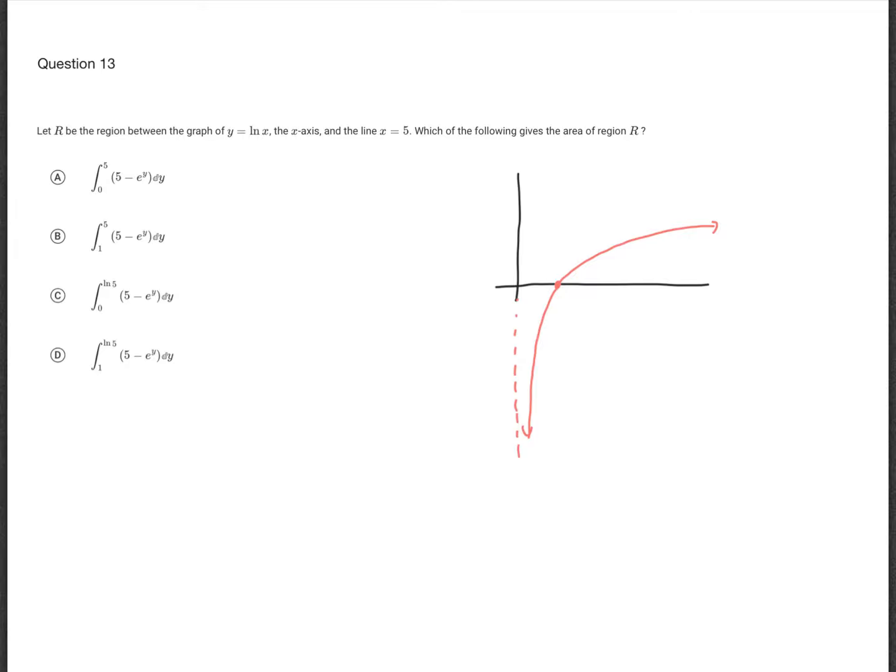And then we'll graph the line x equals 5. Let's say that's 5 there. Okay, so they want R to be the region between the graph of ln x, this one, the x-axis, and the line x equals 5. So that's this area here.